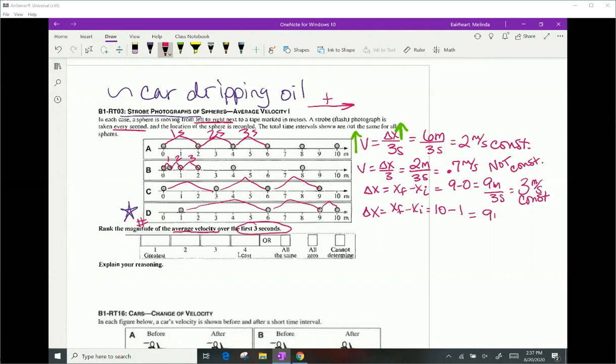So it would be 9 meters for displacement divided by the same 3 seconds. We get 3 meters per second again. Now it doesn't matter to the ranking, but is this one constant like scenario C? Are they evenly spaced? No, they're not. So this one is not constant, okay?